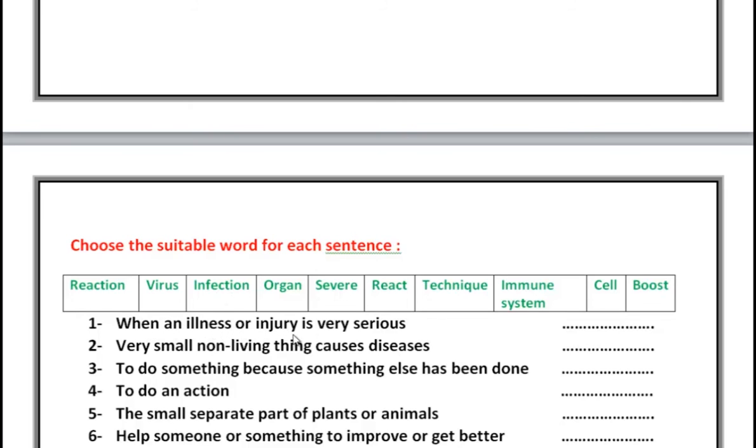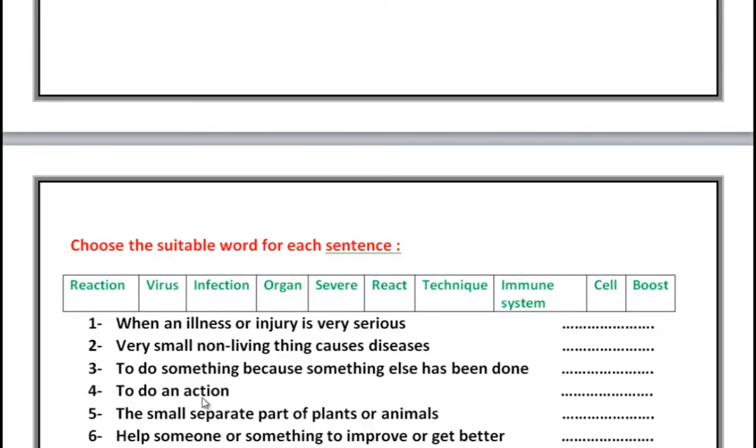When an illness or injury is very serious: severe. Very small, non-living thing causes disease: virus. To do something because something else has been done: number 3, react.